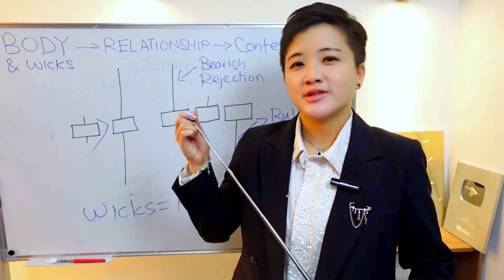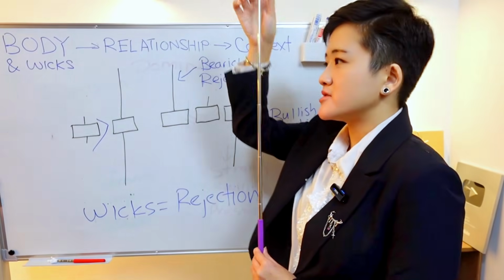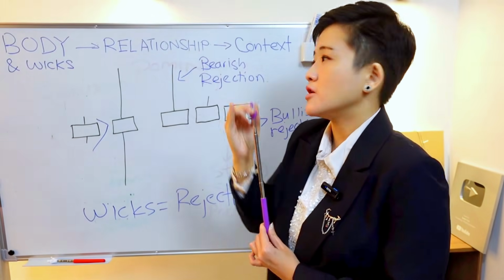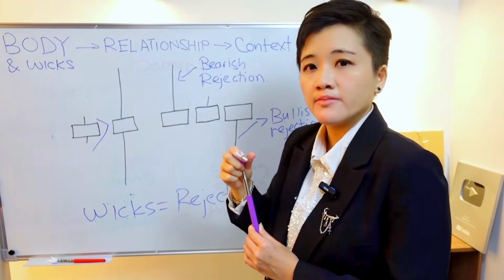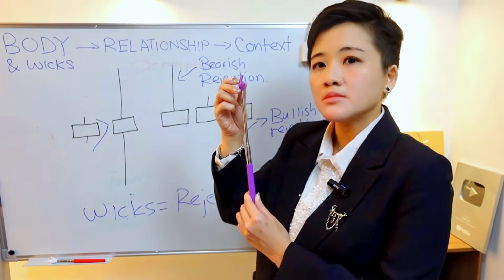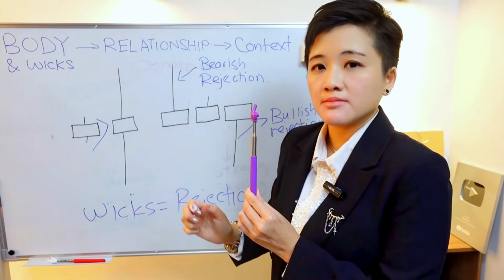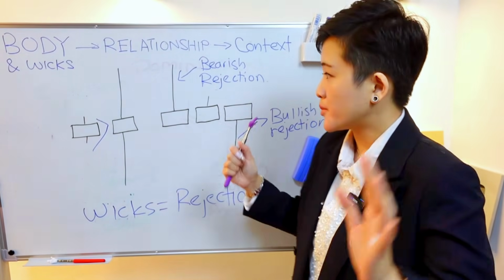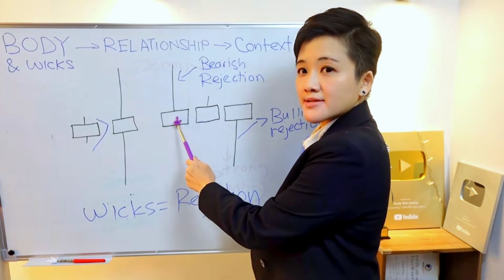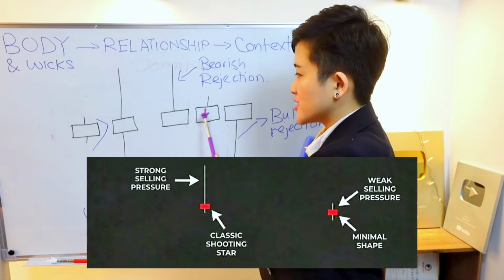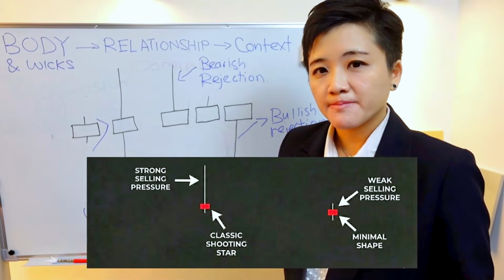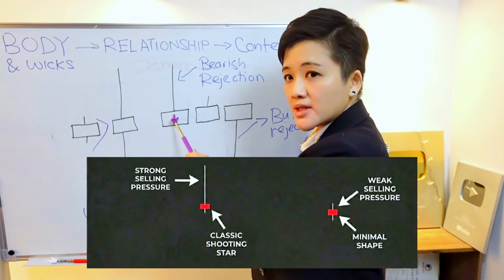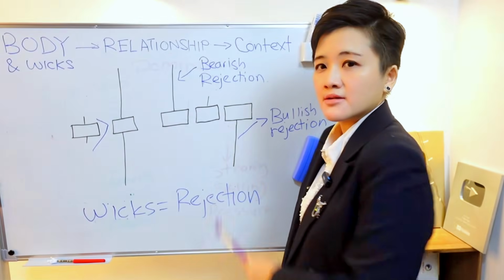How much strength do they need to have to push the price from all the way up here to all the way down here? Whereas for this one, which one requires a stronger selling pressure? This one. So which one is a stronger bearish candlestick? Which one is more likely to cause price to go down? This one.